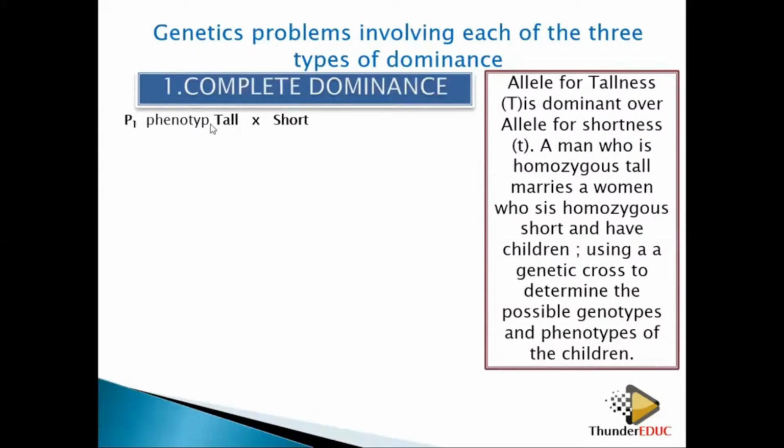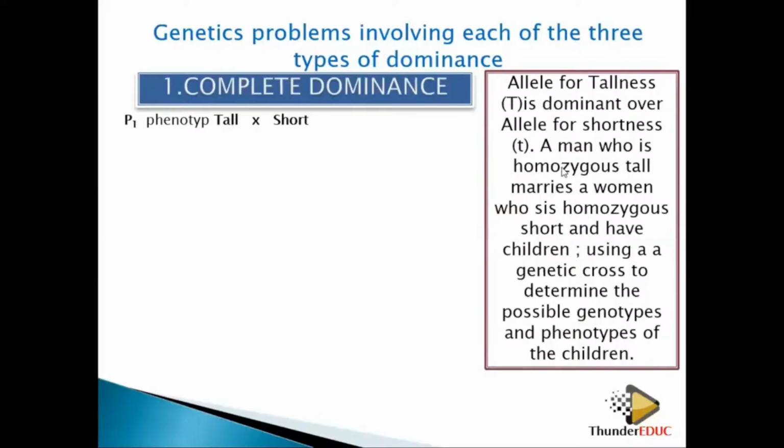You don't put it in the phenotype, because you can't see that this person is heterozygous or homozygous using the phenotype. You can't do that. You only know that this person is tall, this person is short. But if you go into genetic composition, you will know that you are homozygous tall or homozygous short. That's why we don't add the word homozygous or heterozygous here.